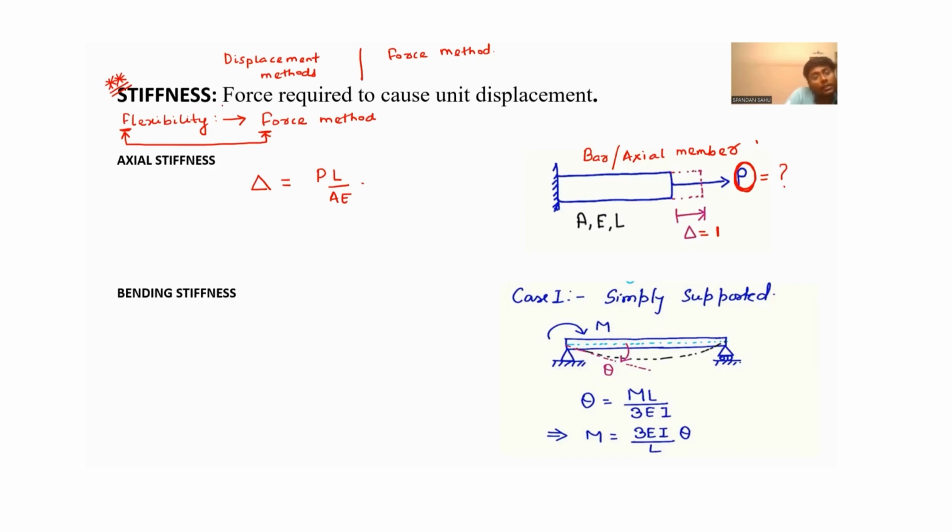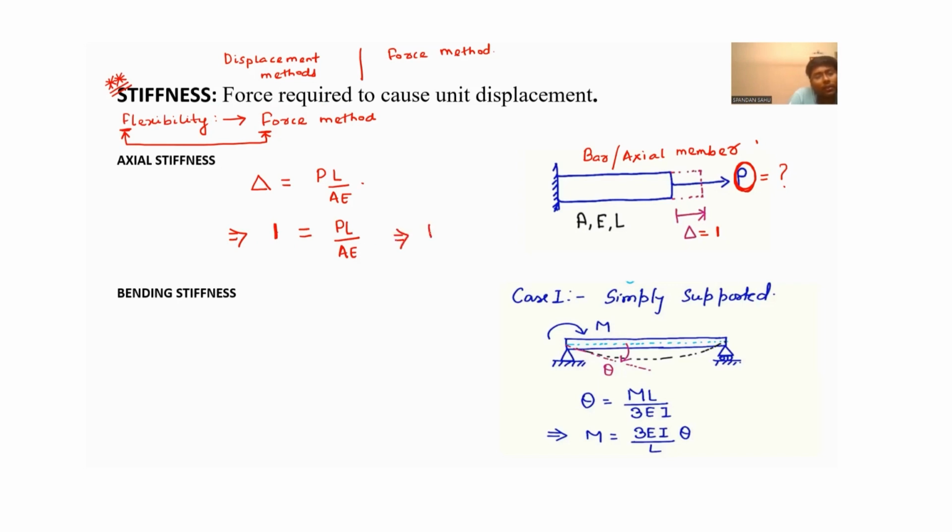Now, what does stiffness say to us? What will be the force, meaning what will be this P value such that your delta value becomes 1? That means if you put delta equal to 1, that will be PL by AE.